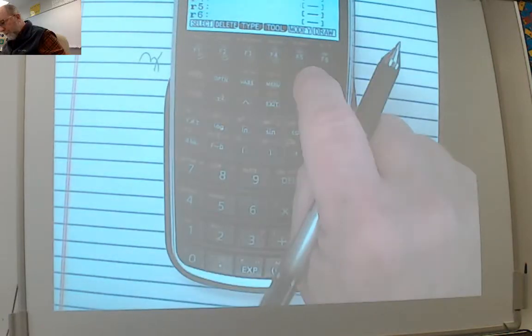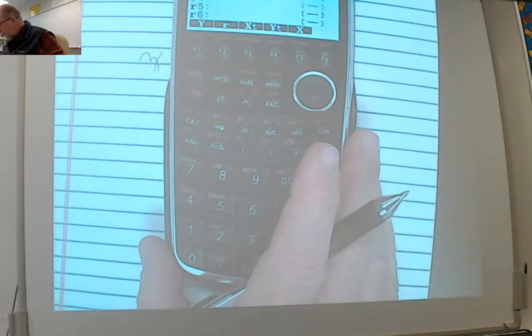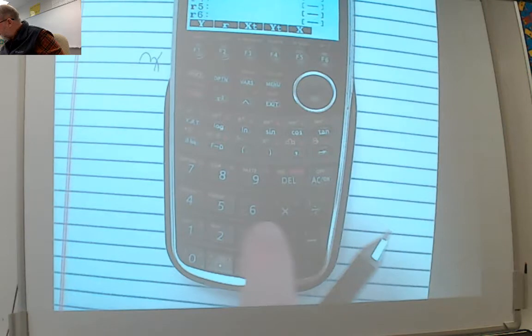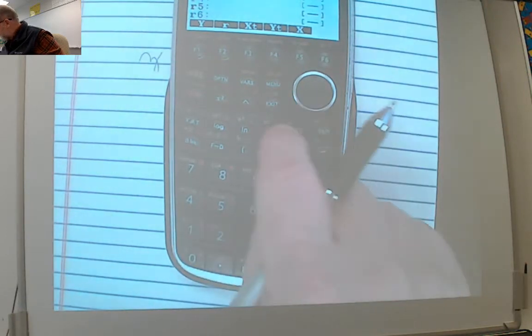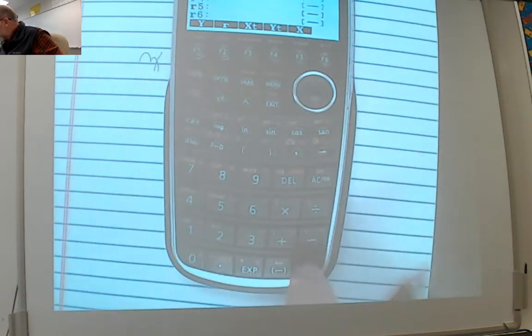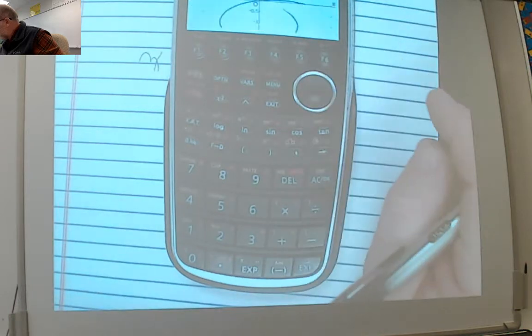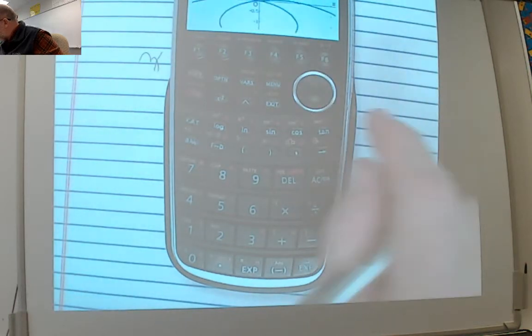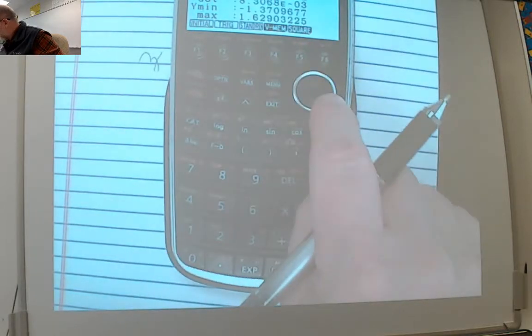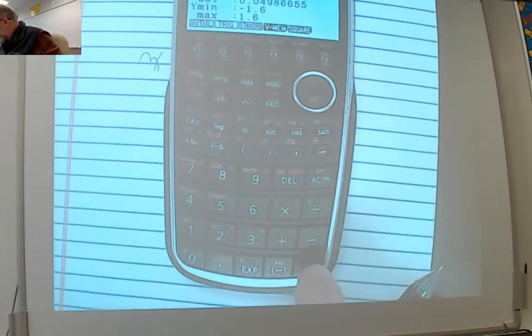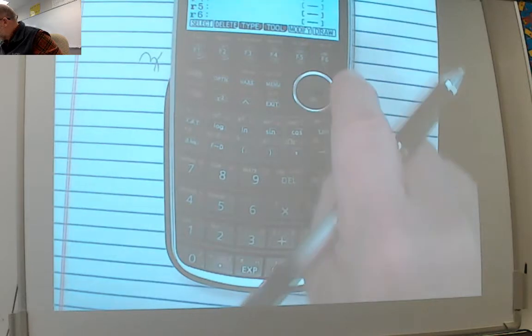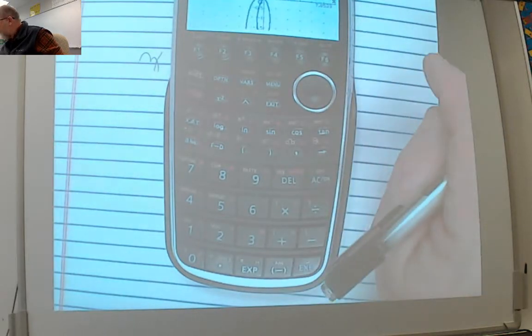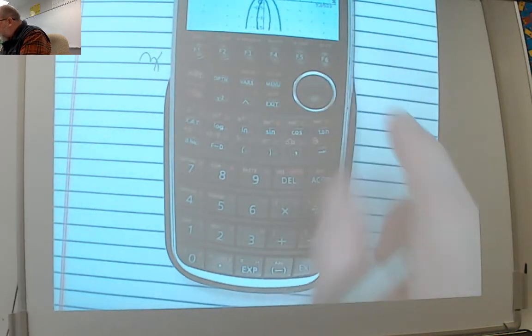And I'm going to put in 1 minus 3 sine theta. Draw it. I'm going to make it a lot bigger. Alrighty, so it looks like there are 2 horizontal tangent lines here.